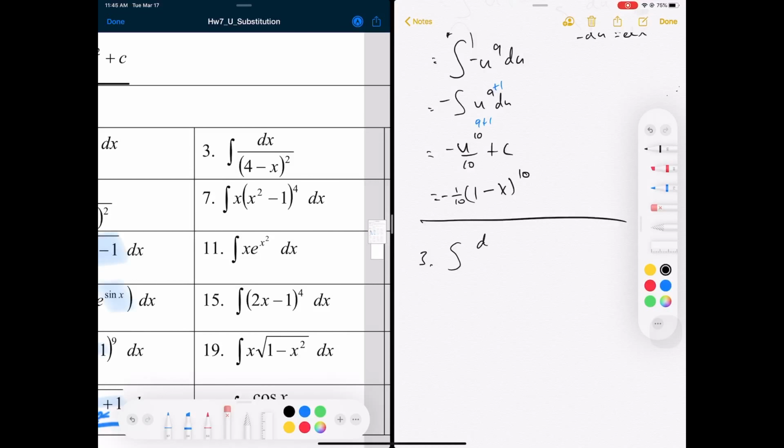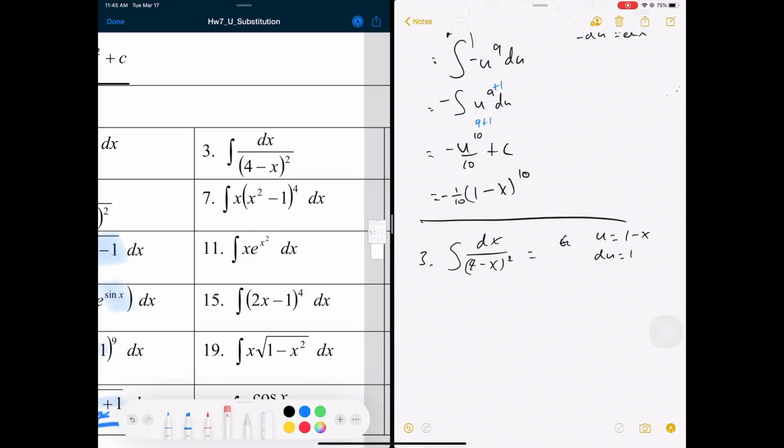The integral of dx over 1 minus x squared. Well, u is equal to 1 minus x. du is equal to, the derivative of 1 is 0, and the derivative of x is negative 1 dx. du is equal to negative dx. dx is equal to negative du, because I moved the negative over.